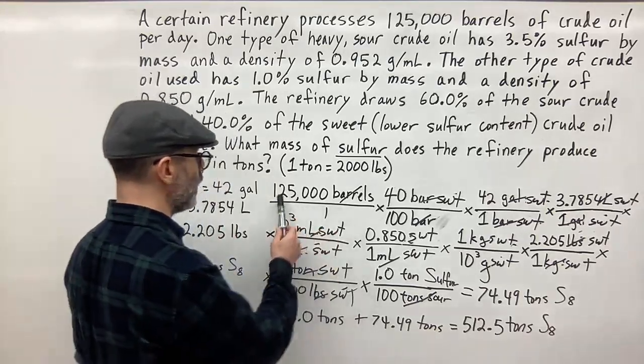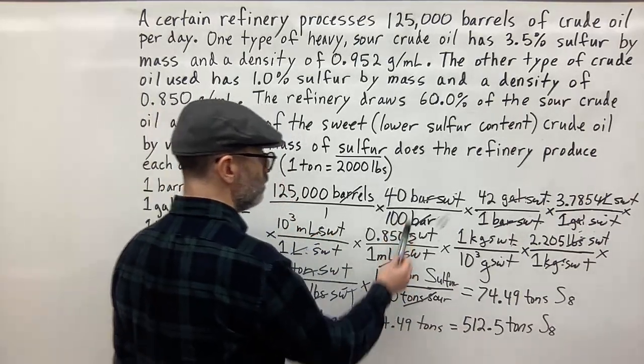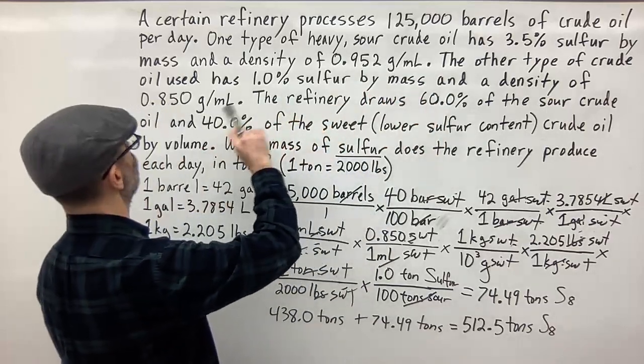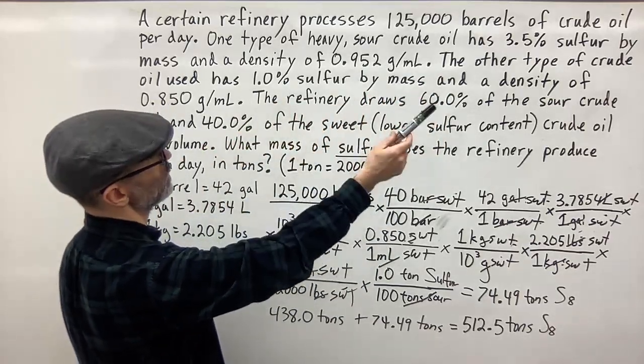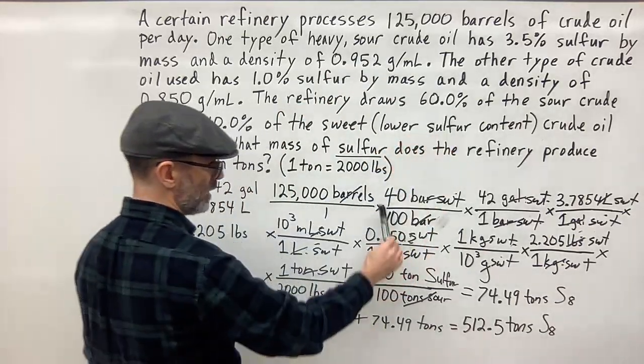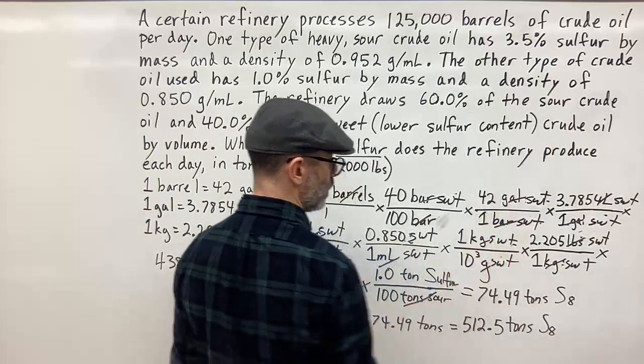So here we have 3 sig figs. Here, I didn't write the 0 down, but where's the percentage? Here, 3 sig figs. So that's actually 3 sig figs. This is 2 sig figs.